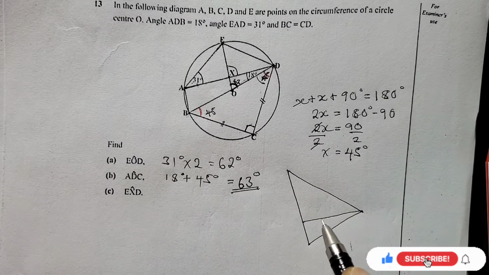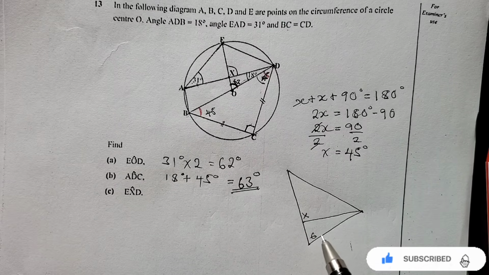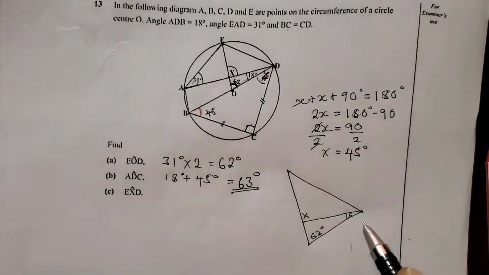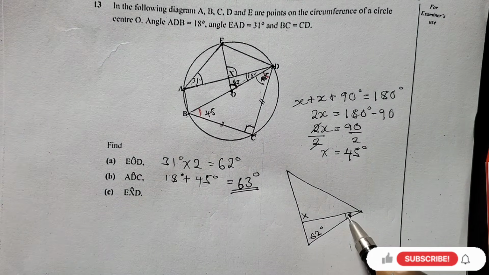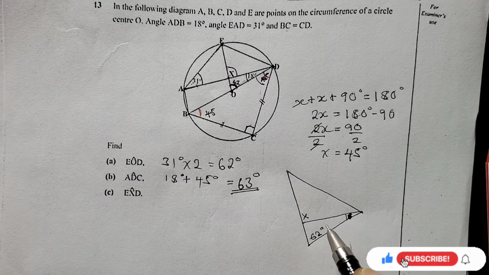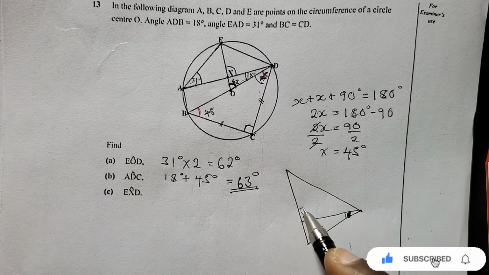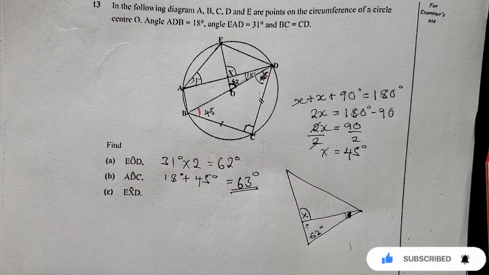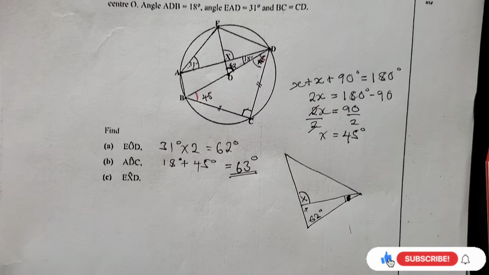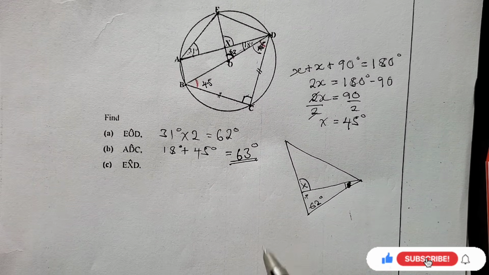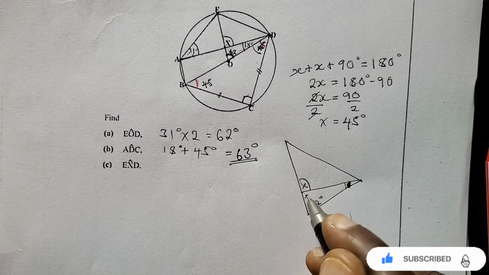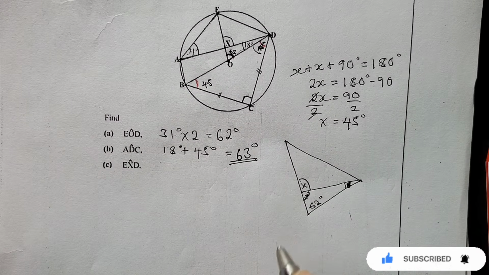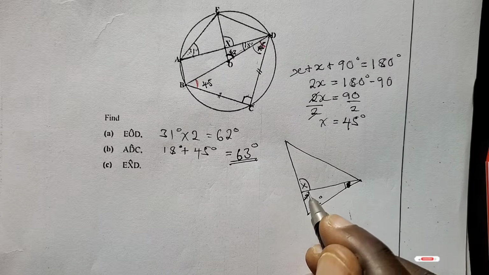You have X here, you have 62 here, and here you have 18. For us to find X, we need to find this angle, then use the property of a straight line. Let's say this one is y.